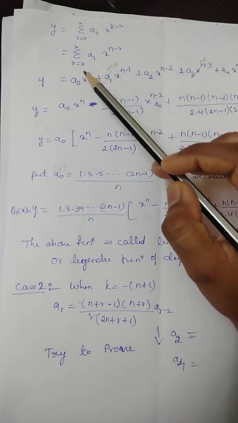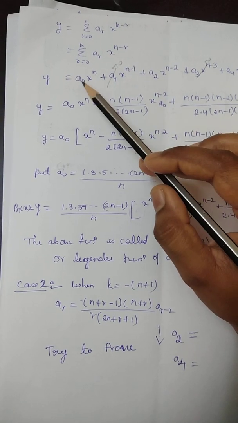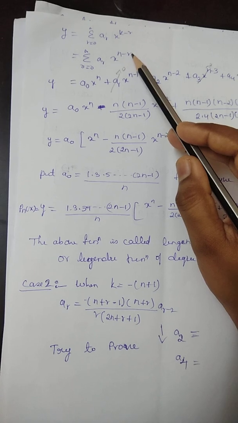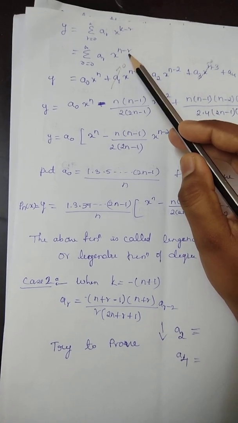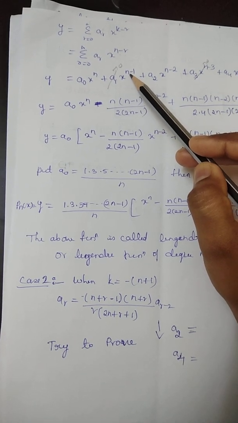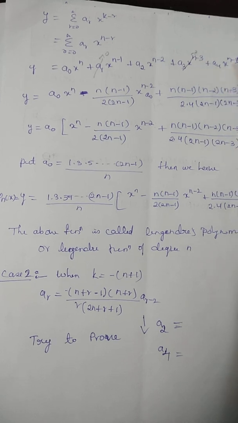Now what is the expansion form of this? I have already told in the starting only, a0 x raised to n. When you put r is equal to 0, x raised to n, and you put r is equal to 1, it will be x raised to n minus 1. a2 x raised to n minus 2, a3 x raised to n minus 3 and so on.